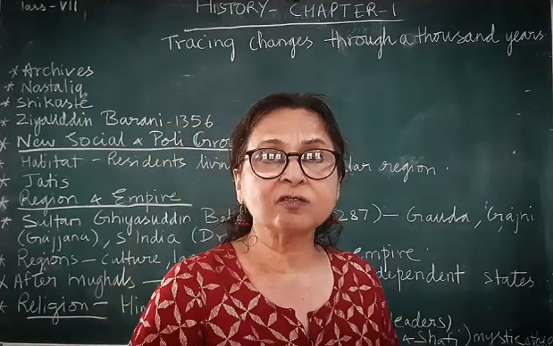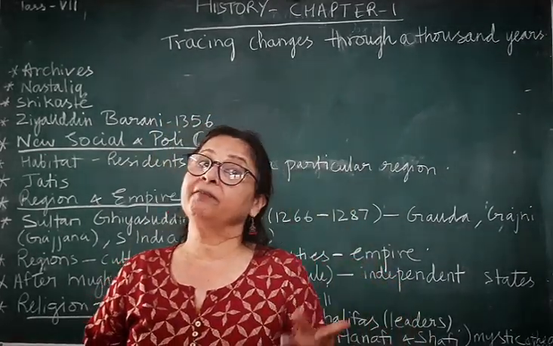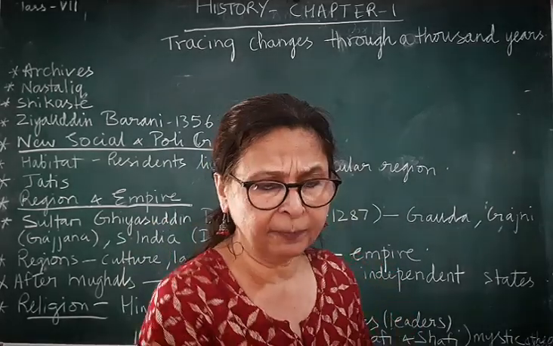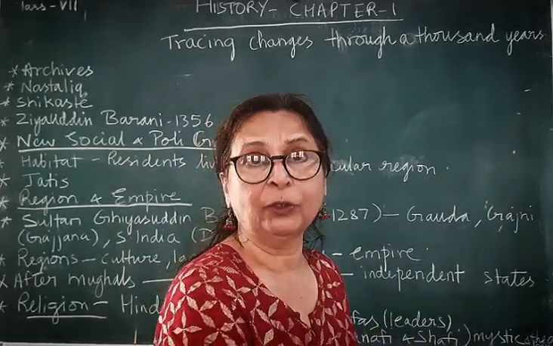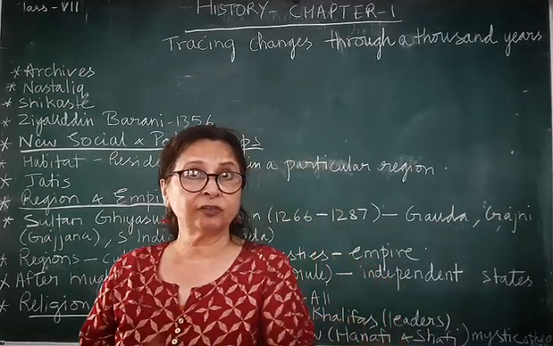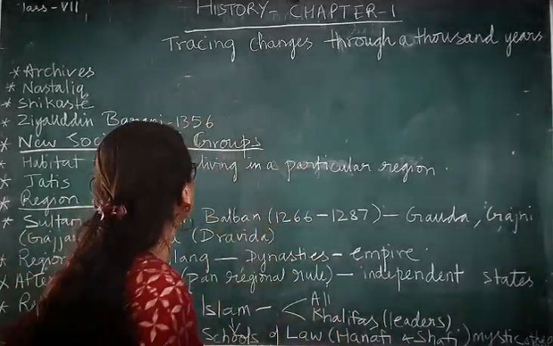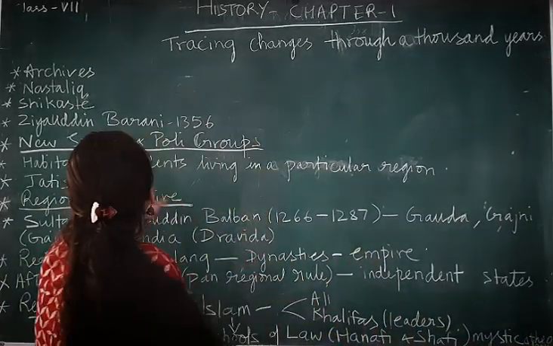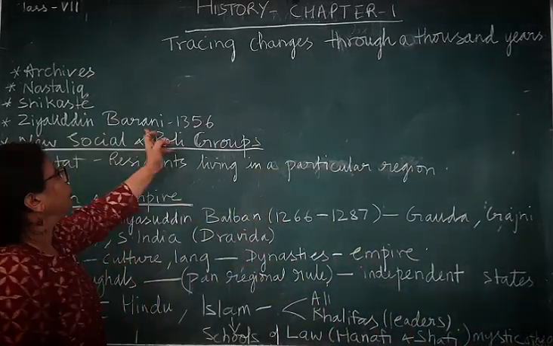All this we discussed last time, and then we also discussed manuscripts and the scribes. We talked about the scribes and how copies were different from the original because of copying. For that we mentioned Ziauddin Barani.